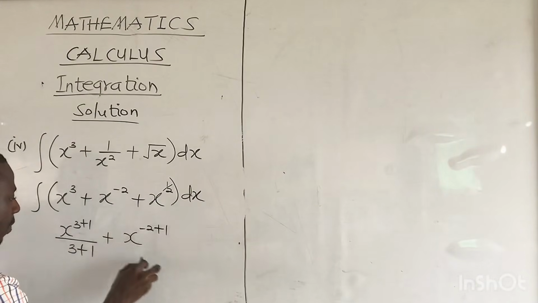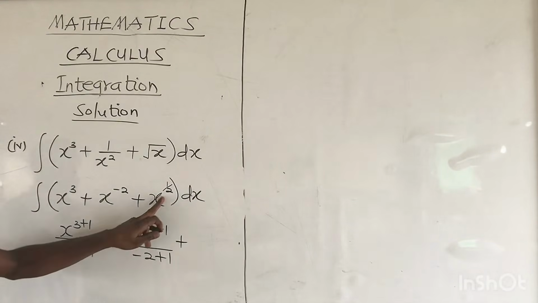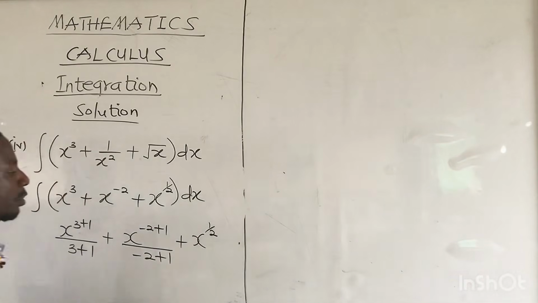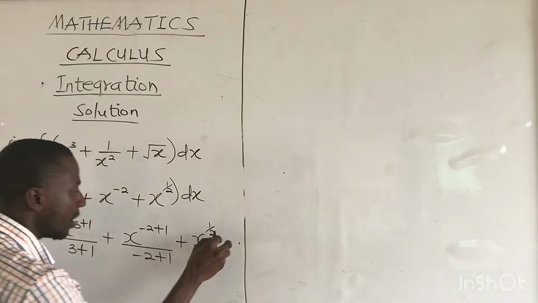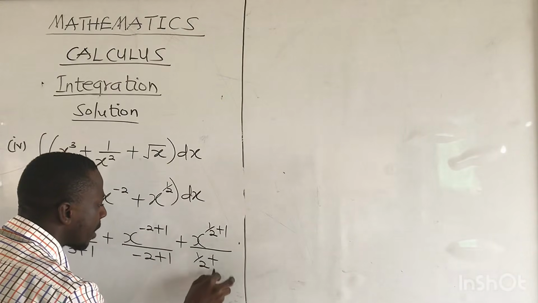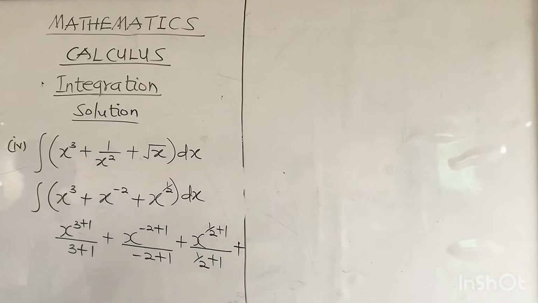So we add 1 over the same exponent, negative 2 plus 1. Plus, from here we have x exponent half. When we are integrating this, we add 1 to it, all over half plus 1, plus the arbitrary constant, which is c. So plus c.